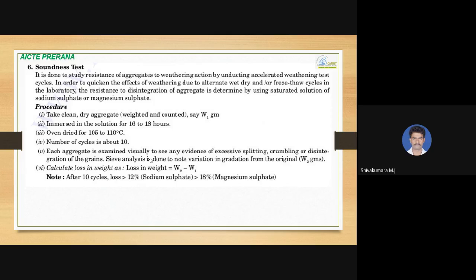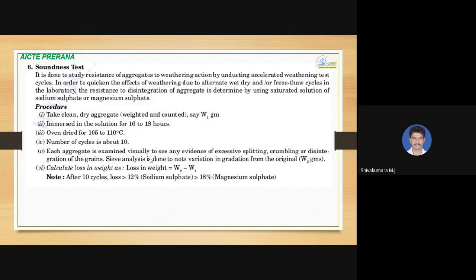The procedure: take clean and dry aggregates, weigh them and count the total number of aggregates. The weight of aggregates you take, say it as W1 grams.